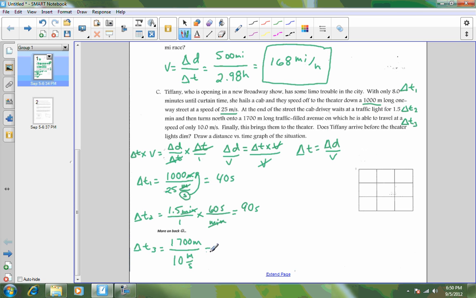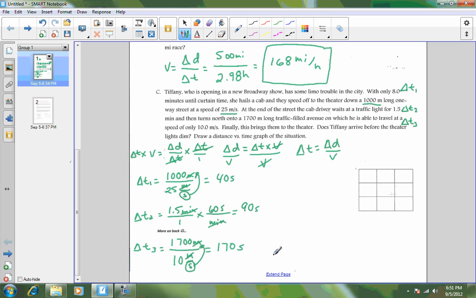We can resolve these units again, cancel out meters, a denominator within a denominator becomes a numerator. 1,700 divided by 10, and we've got 170 seconds.